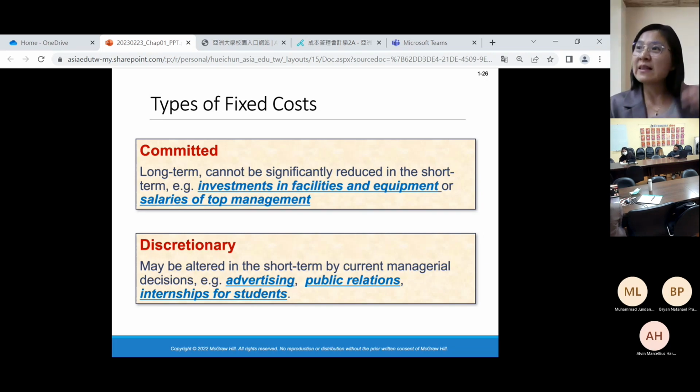So the investment and the advertisement fee are both fixed costs, but one is committed and the other is discretionary. One is long-term and you cannot change it; the other is short-term and you can change it anytime.